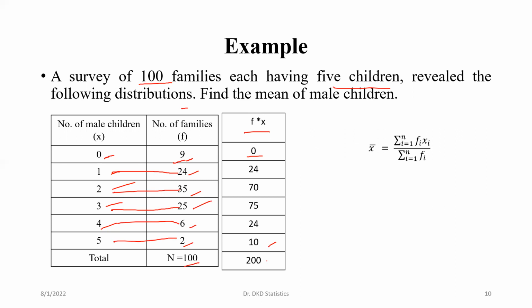Now we use the formula x bar equal to summation fi xi, that means this value, divided by summation fi, this value. A simple answer: 200 by 100 equals 2. So we can say that on average, each family has 2 children.